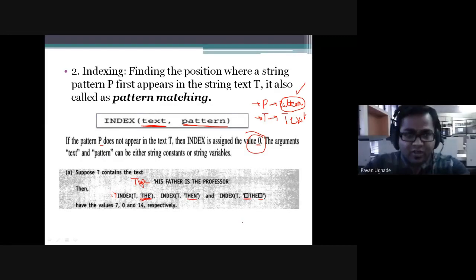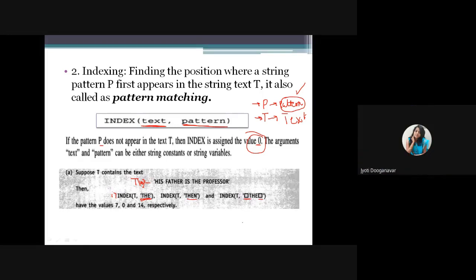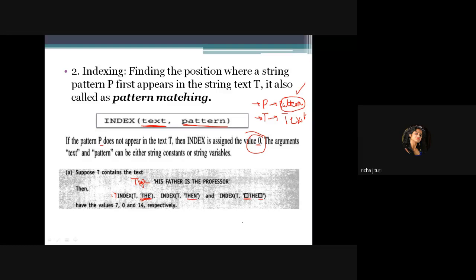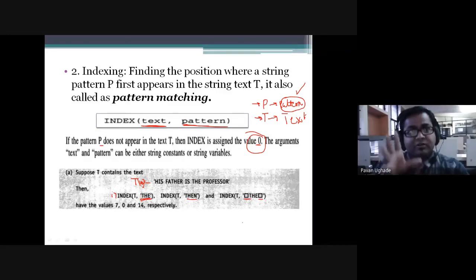Now you tell me what I say about the indexing. What is indexing? Finding the word. Fine, but what is actually indexing? In your textbook, when you check the index page, what does it give? The actual page number, where that concept is taught or explained, right?